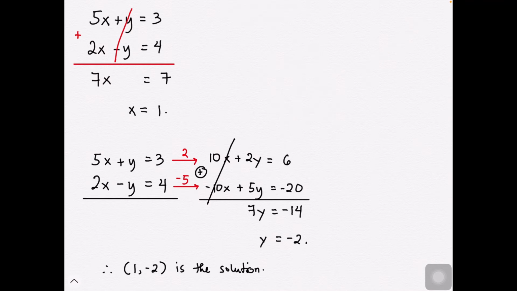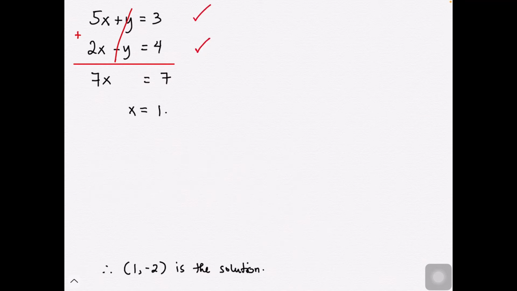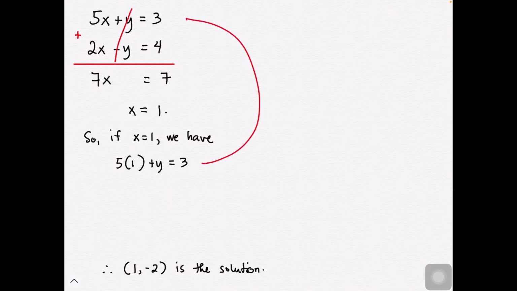Another way of having this answer, we can actually use substitution in solving y. That is, we can substitute the obtained answer x equals 1 to either of these equations. Say I would choose the first equation. Thus, substituting x equals 1 to that first equation, we now have 5 times 1 plus y equals 3.